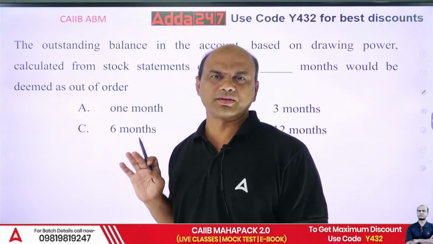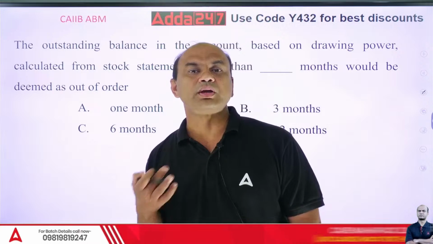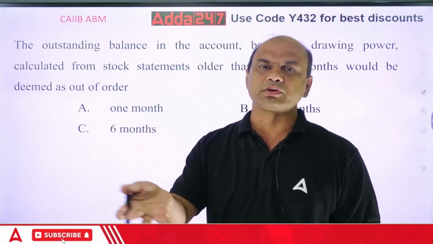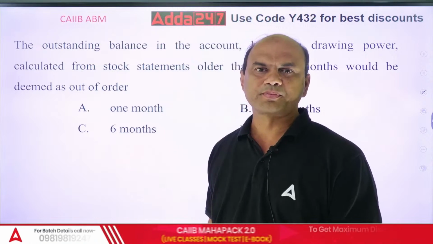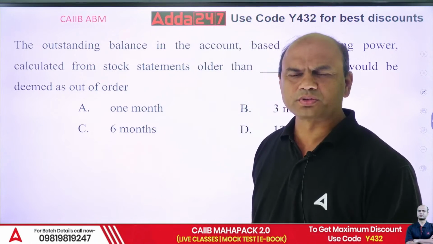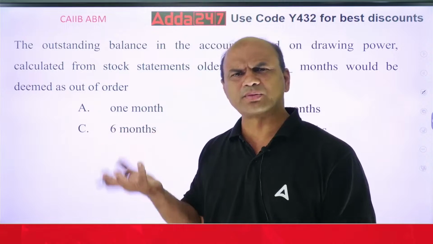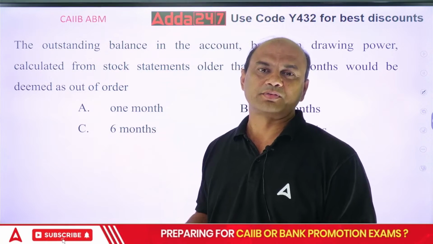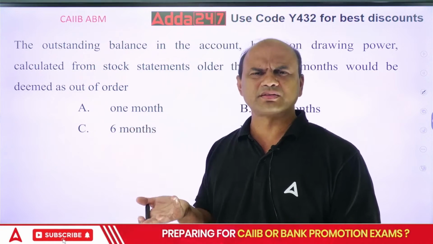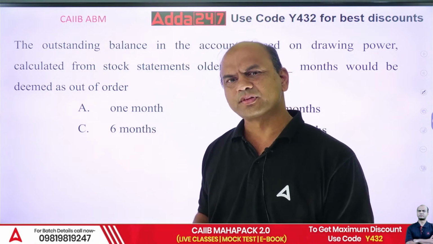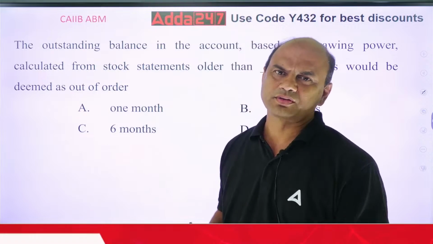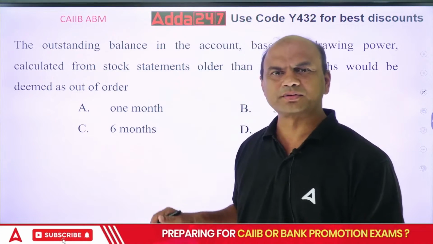Simple meaning. Suppose I give you a stock statement tomorrow and that stock is 2 years old. Is that stock of any use to you then? If some stock is 2 years old, it means that stock is dead stock, right? So it's of no use to you, isn't it?